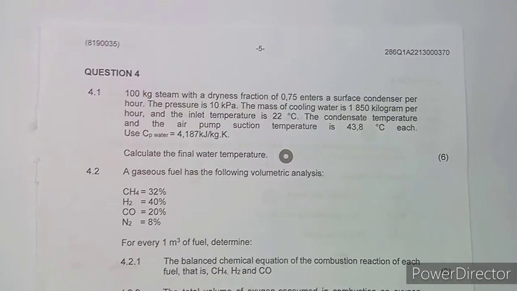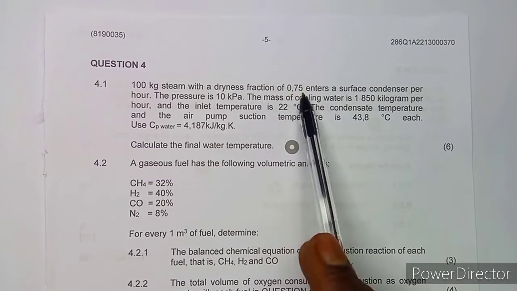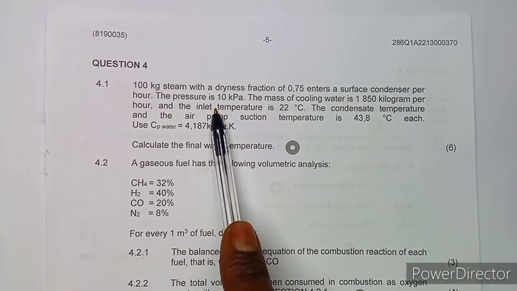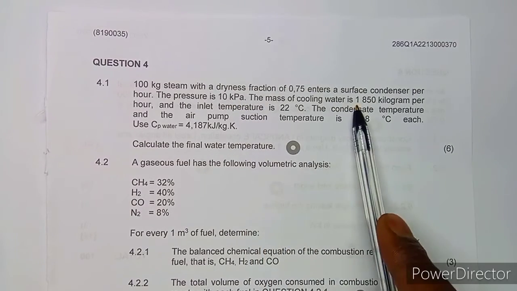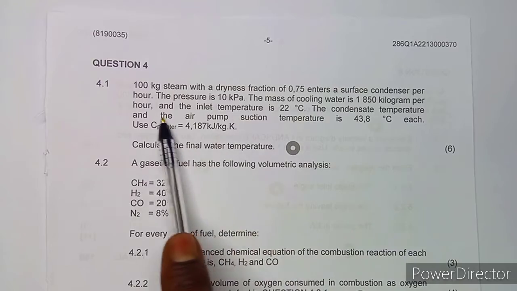Okay, anyways, we are given on question 4, where we have got in this case a 100 kg steam with a dryness fraction of 0.7 enters a surface condenser per hour. The pressure is 10 kilopascal. The mass of cooling water is 1850 kilograms per hour.